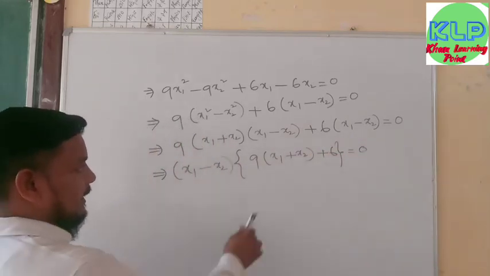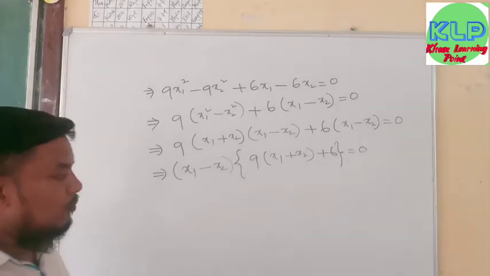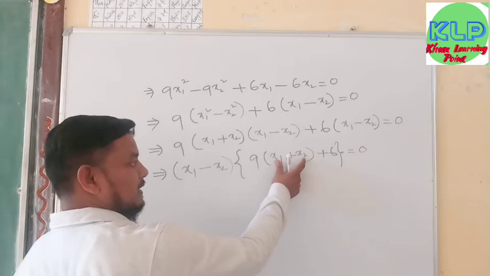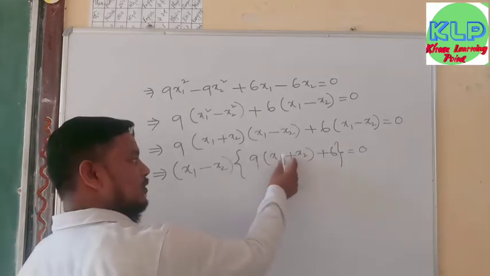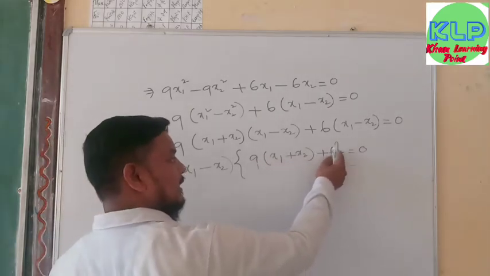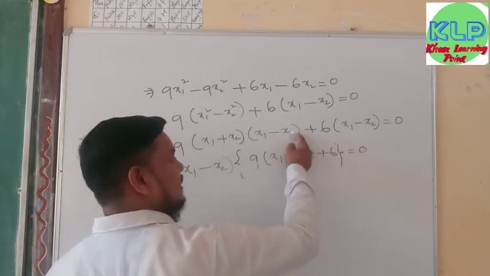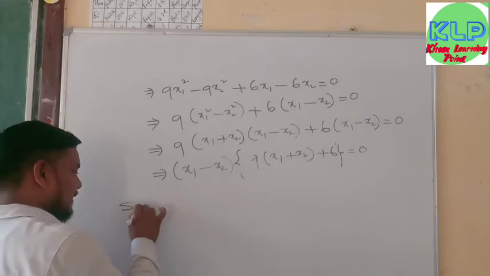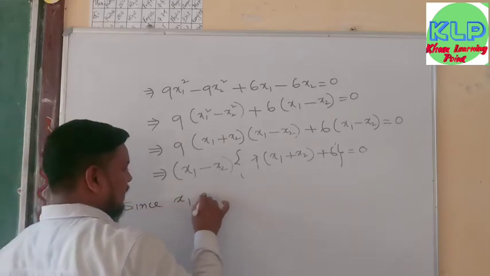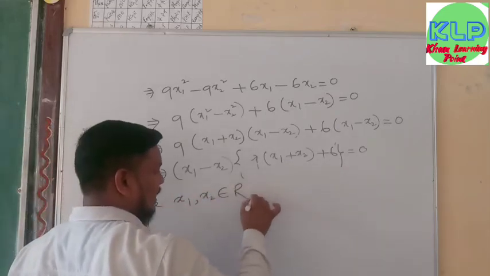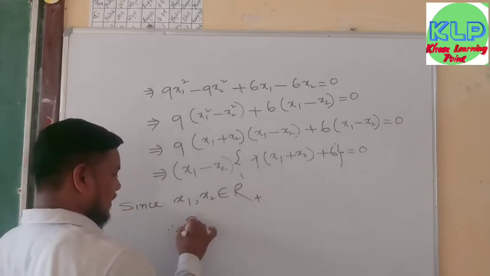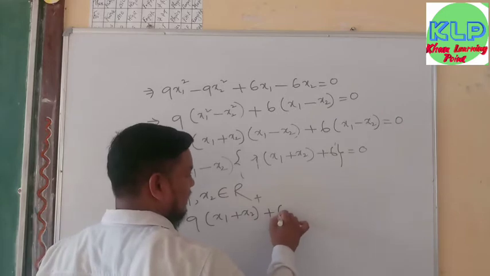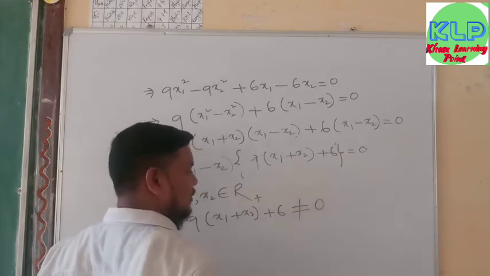Now you see here x1 and x2 both are positive real numbers, and adding positive real numbers gives a positive number. 9 into positive real numbers plus 6, so it will be positive, that is, it is not equal to 0. We can write here, since x1, x2 belong to R positive, therefore 9 into x1 plus x2 plus 6 is not equal to 0.